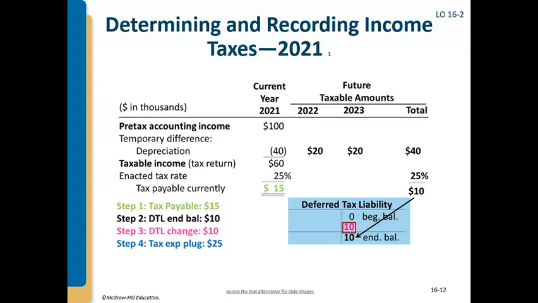We know that we've got a temporary difference of $40,000. In 2021, we're going to again take our step-by-step approach. First thing we're going to do is simply figure out the tax payable on taxable income. Here they're assuming a rate of 25% for this company.